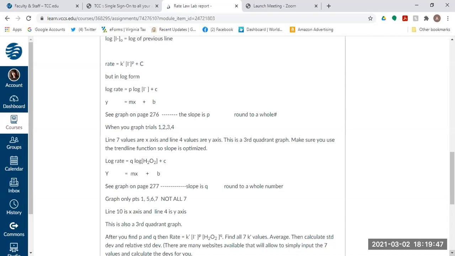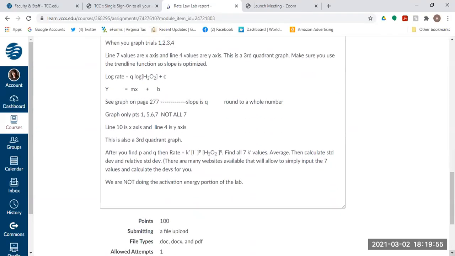This time you're graphing for the peroxide slope. Once you find your 2 values, value for P and value for Q, go back, and this is on the back of the page, put the values into your rate law and solve for K prime.